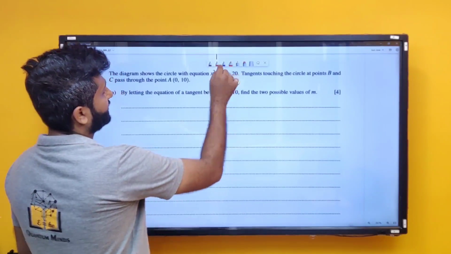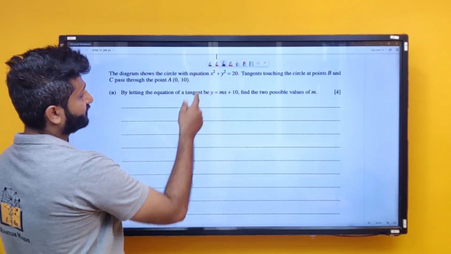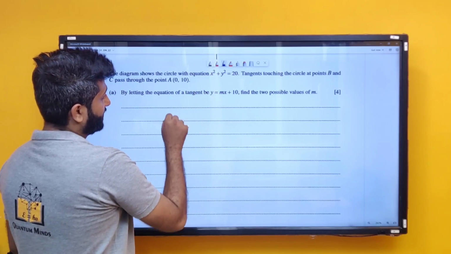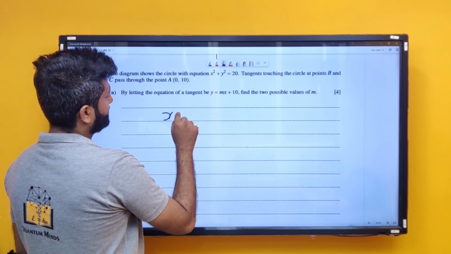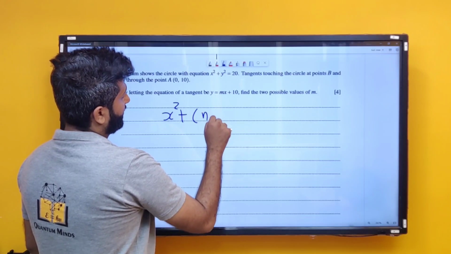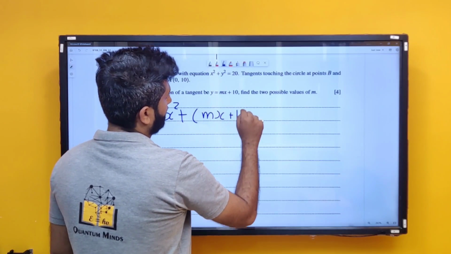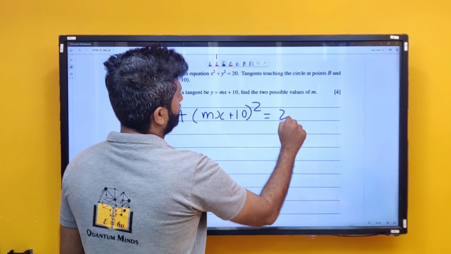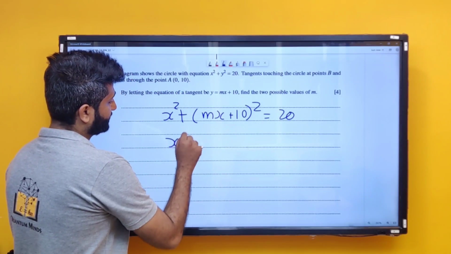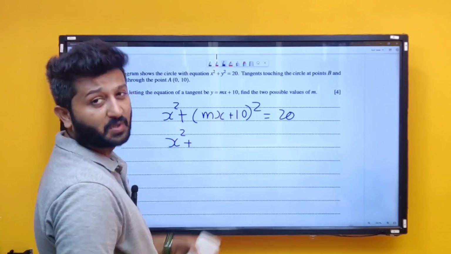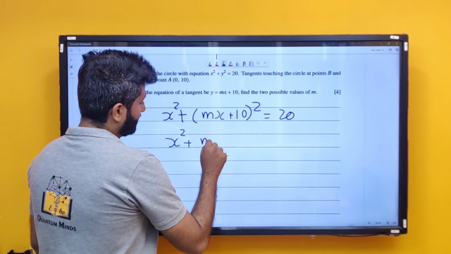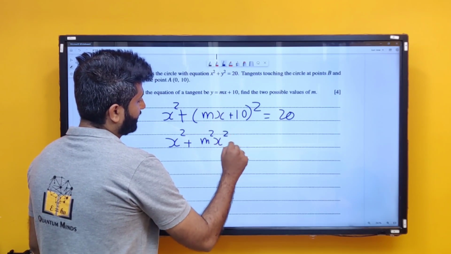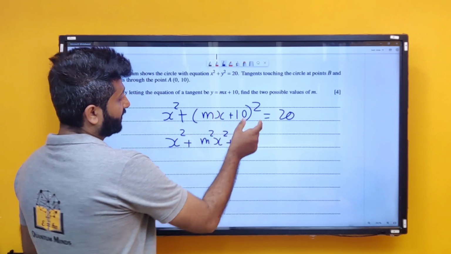So let us simply find out. We have x squared plus (mx plus 10) whole squared equals 20. So we have (a plus b) whole squared, which is a squared plus 2ab plus b squared.